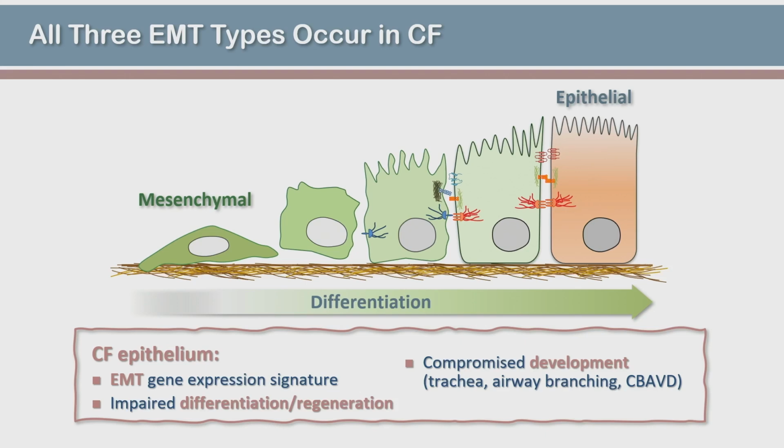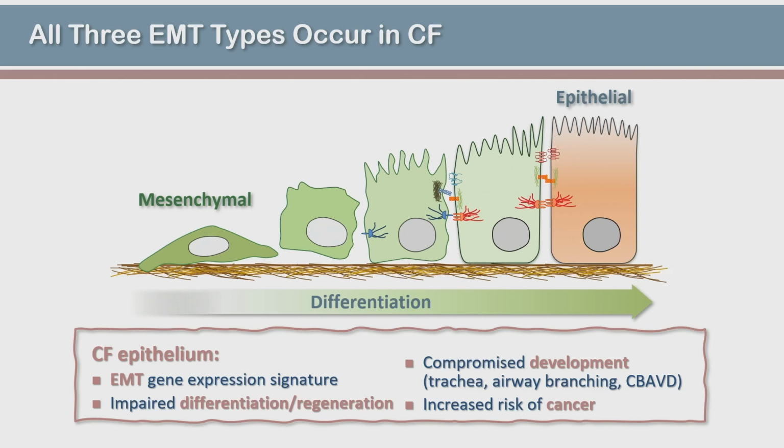And we know, and even yesterday we heard about trachea malformations, so there are issues in the airway branching, and of course CBAVD, or either bilateral or unilateral absence of vas deferens. And there is, you know, the emerging challenge, increased risk of cancer.